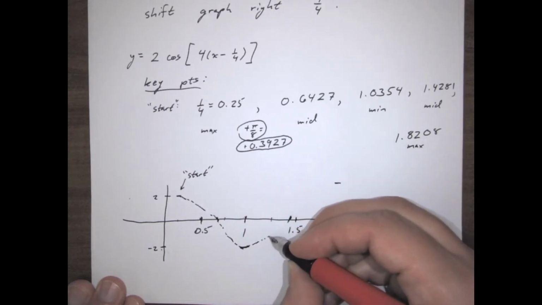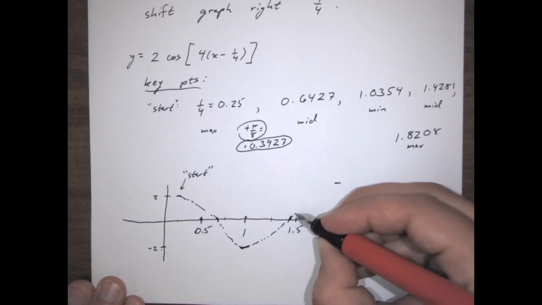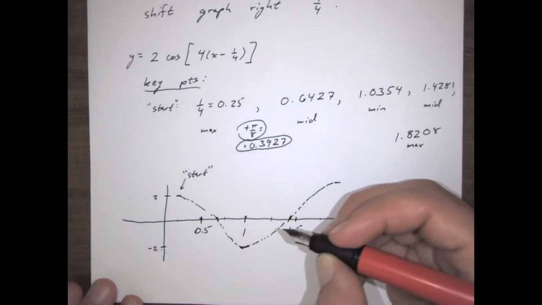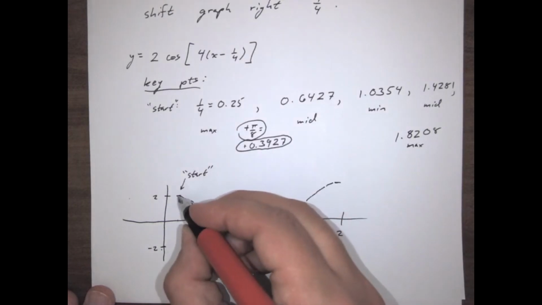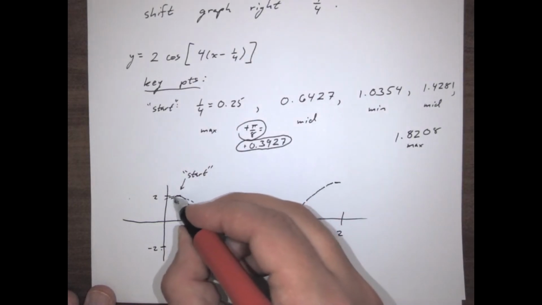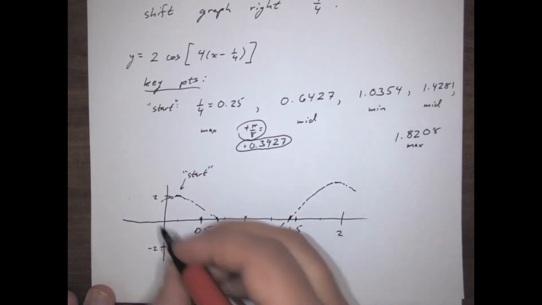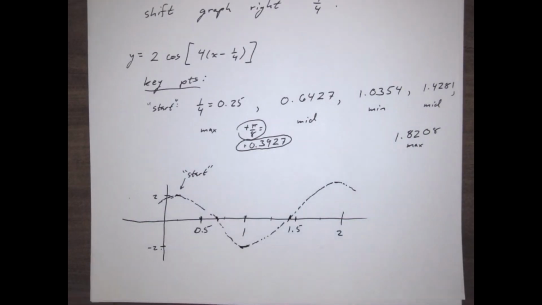I've given myself some very luxurious spacing here, but there is one cycle. And of course, like I said, there's no such thing as the start or the end of these things. They do continue to go up and go down and go up and go down for all eternity. So when we say start, we just mean a key point.